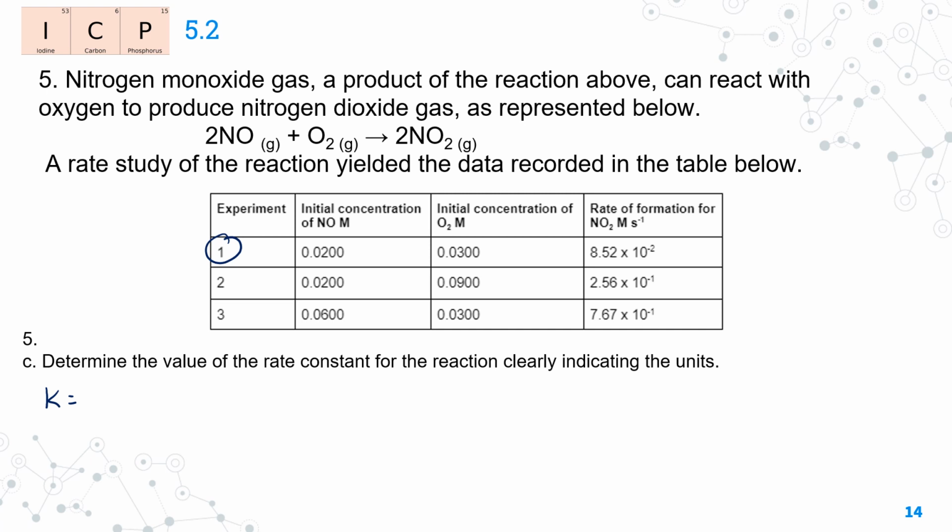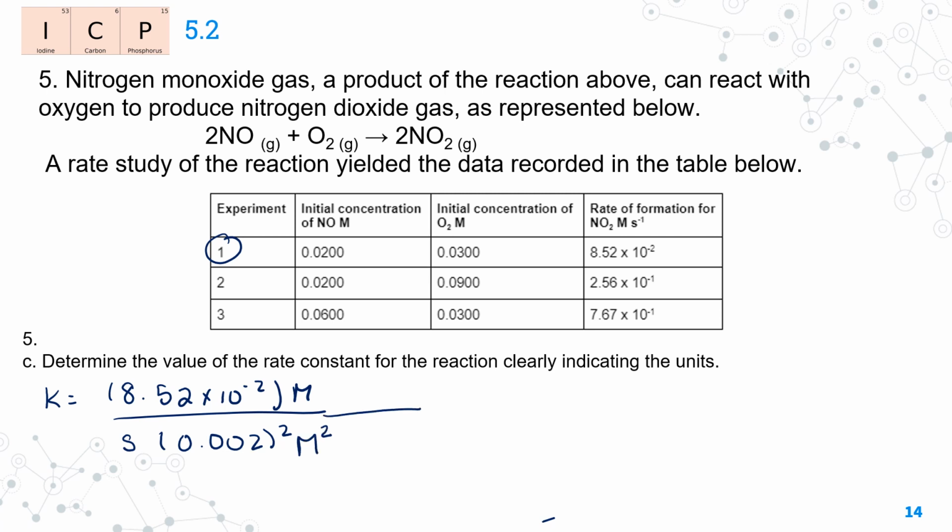K is going to be equal to 8.52 times 10 to the negative 2 molarity per second, over my concentration of nitrogen monoxide squared, which has a unit of molarity, which is also going to be squared, and then my concentration of oxygen, which just has a unit of molarity.